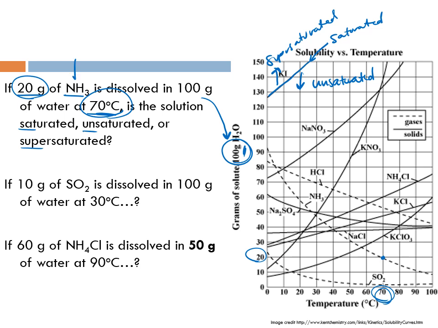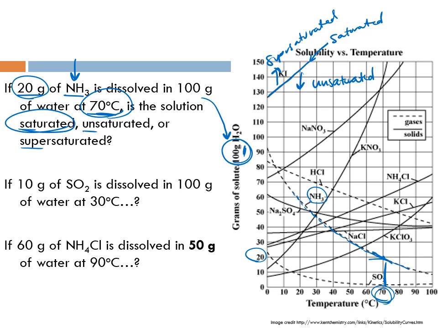Now I'm going to find my line for NH3. It's this one right here. And notice that our line pretty much goes right through that point that we drew at 70 degrees Celsius and 20 grams. And so this solution is saturated because we are on the line, and the line tells us saturation point.